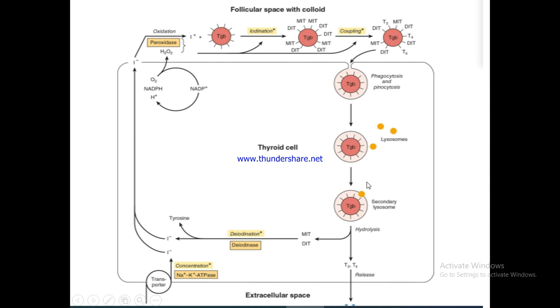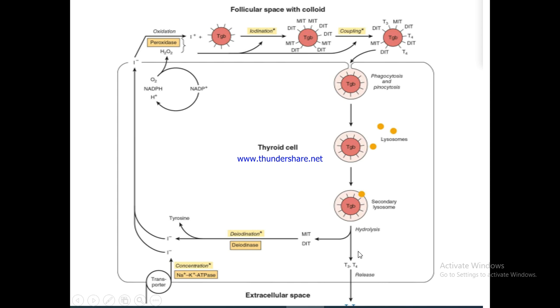So after the formation of T3 and T4, these thyroglobulin molecules from the luminal area, from the follicular space, are again ingested, phagocytosed and pinocytosed by the follicular cells, and lysosomal enzymes do hydrolysis of the thyroglobulin molecule to break it down to the T3 and T4 molecules.